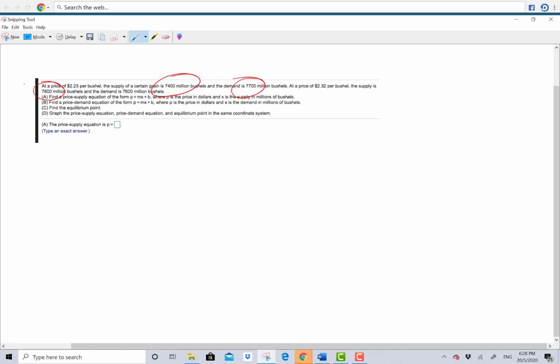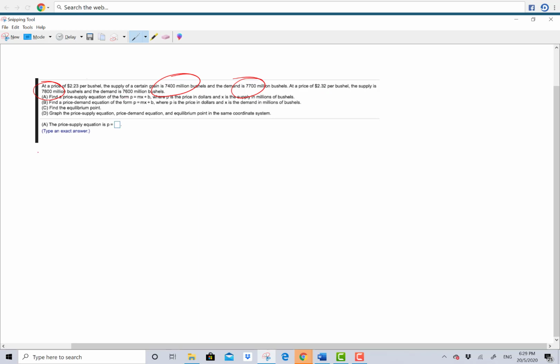So just to be clear, 7,400 million for my supply and 7,700 for my demand, and at $2.32, it's 7,800 million for my supply and 7,600 for my demand.